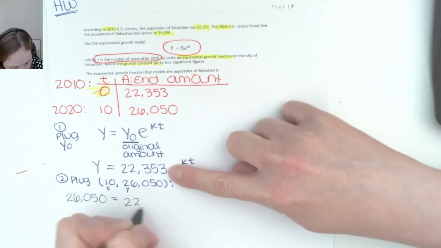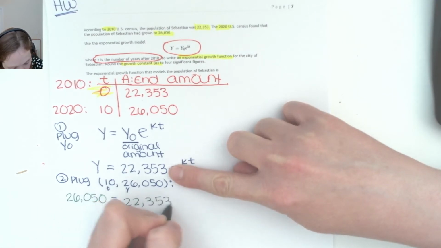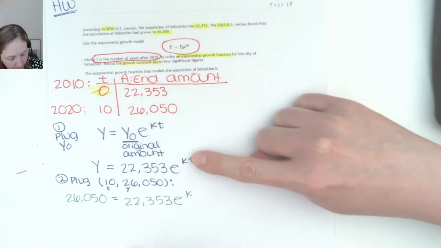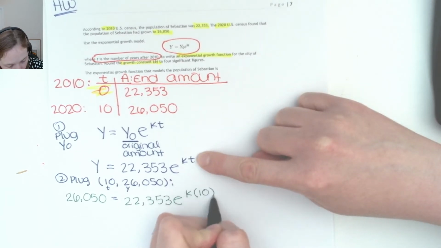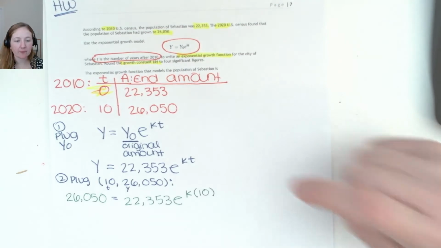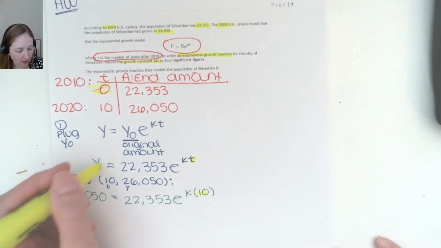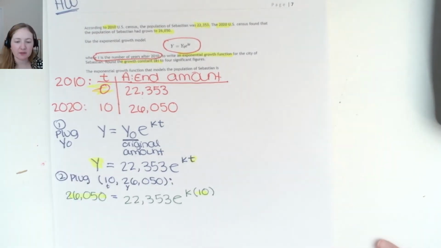You still have the 22,353. You have E, you do not know K, but you know the time variable is 10. So I'm replacing T with 10 and Y with the end amount 26,050.